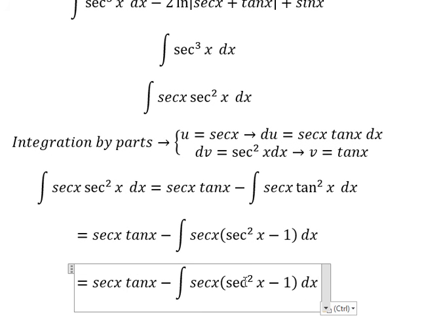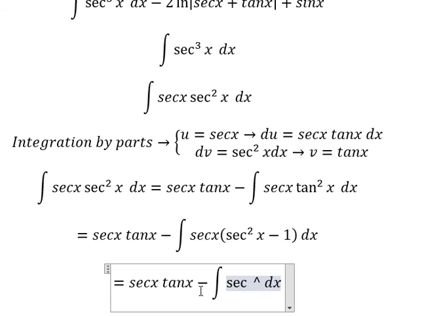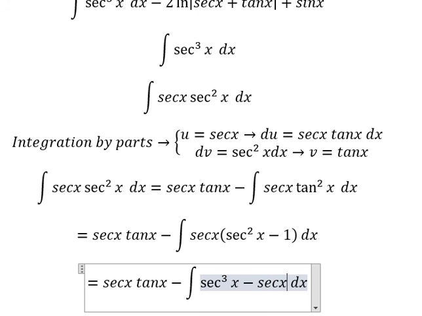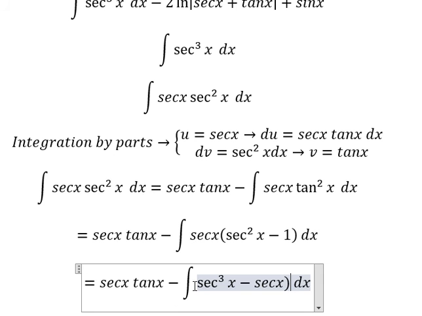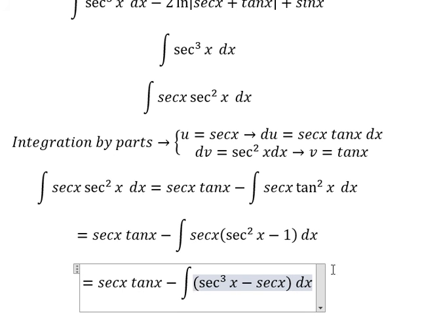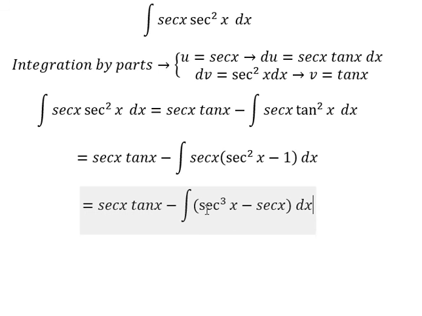So secant of x multiplied by secant of x squared minus 1 gives secant of x to the power of 3 minus secant of x. So we need to separate them here.